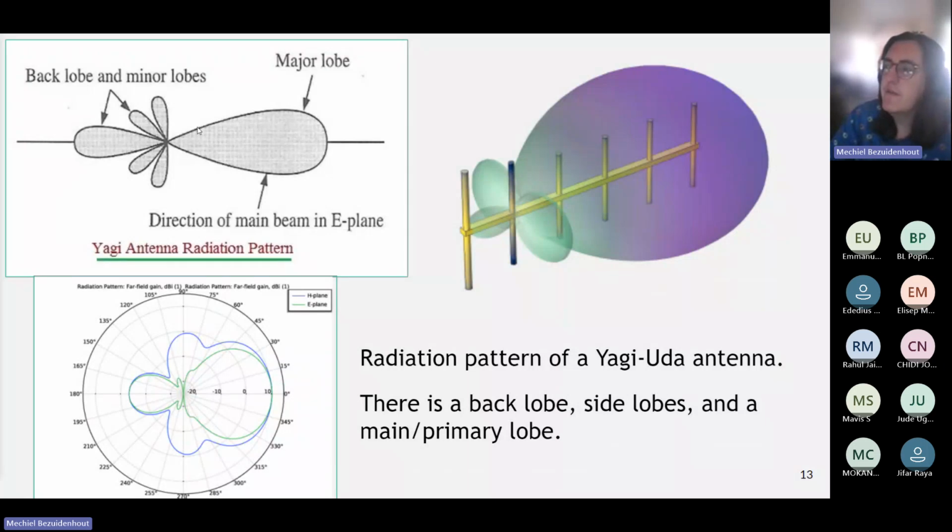So it's going to be very sensitive to signals coming from the direction of the main lobe, but it might also detect some signals coming from these directions off towards the side. Does that answer your question, Rahul?